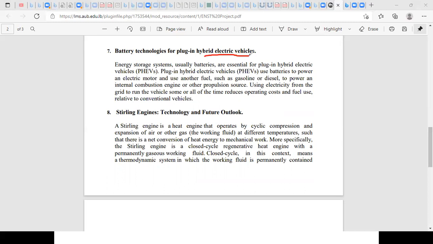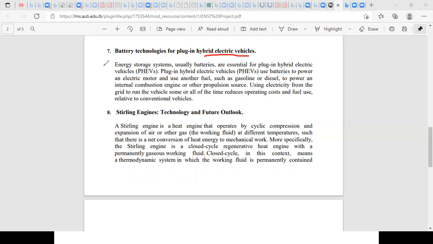So this is a very important field, and it's in continuous development, and we have a lot of research being performed in order to enhance the performance of these cars and make them competitive to replace cars that are supplied with fuels.